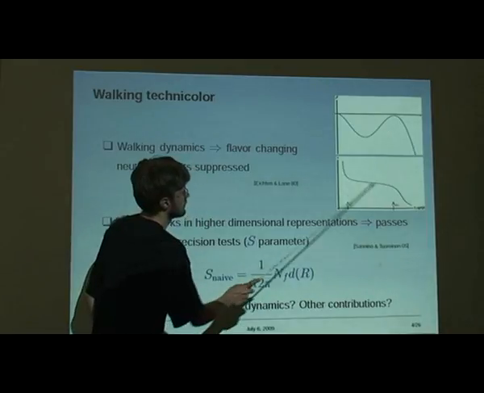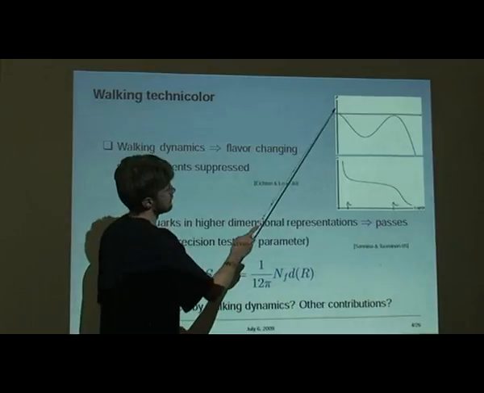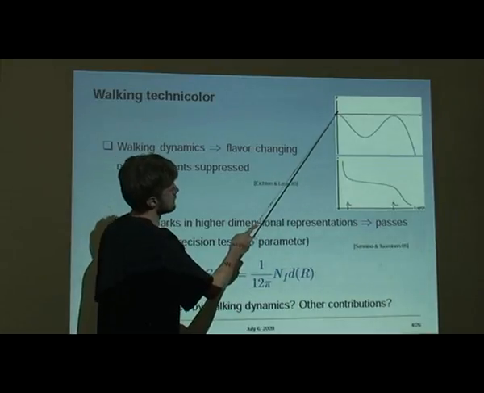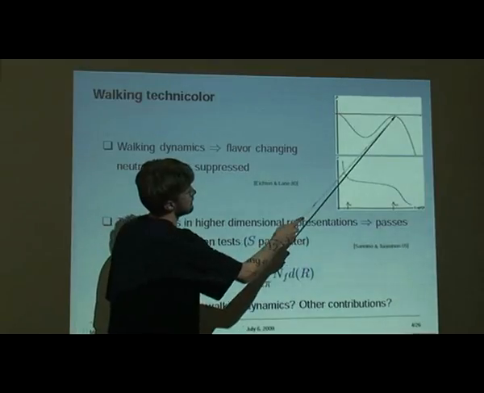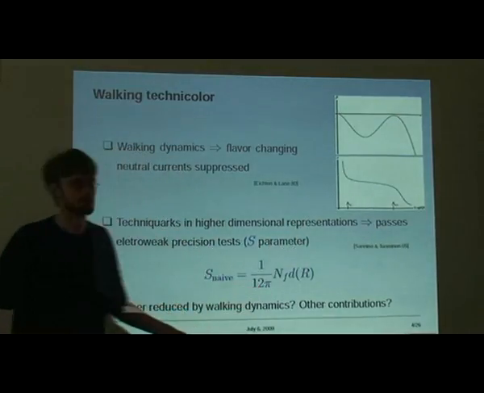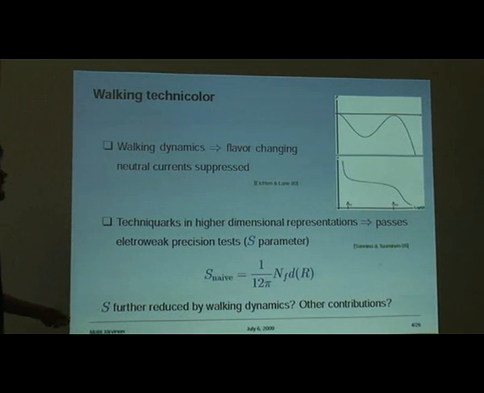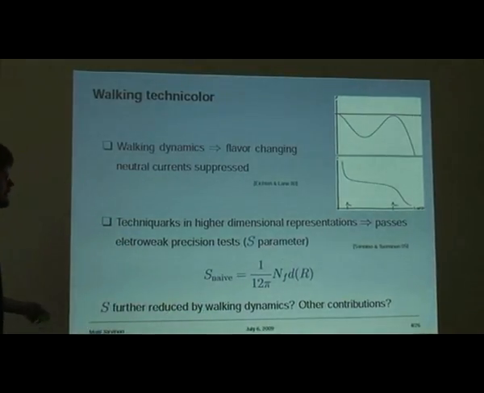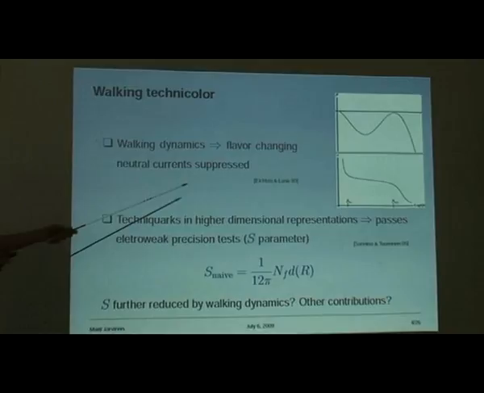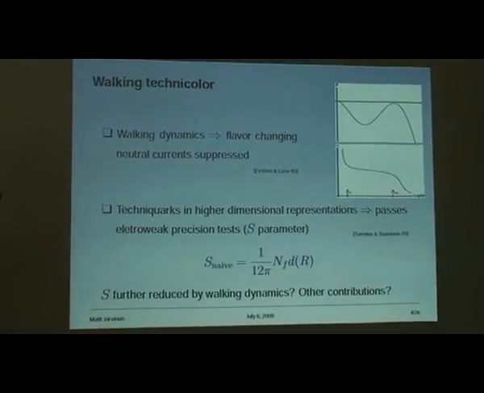So this is the walking behavior, and that means that effectively your beta function, instead of the typical QCD beta function which would go straight down, will look something like this, where the beta function is very close to zero at some critical value of the coupling. So this kind of beta function corresponds to this behavior of the coupling as a function of energy. And it can be shown that in this case you can reduce the flavor changing neutral currents while keeping reasonable fermion masses.